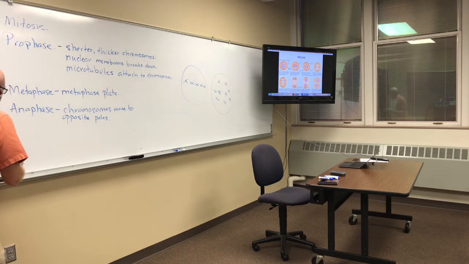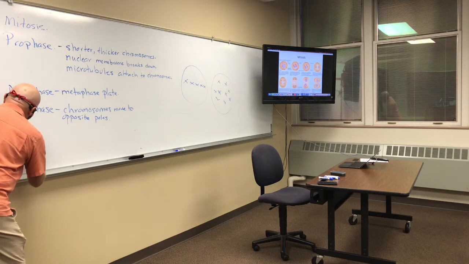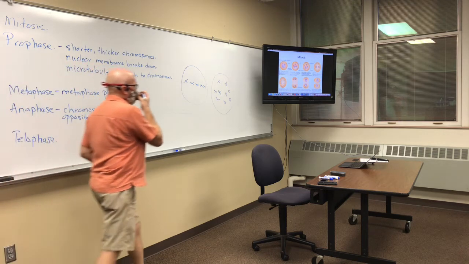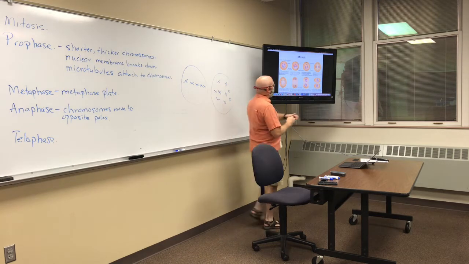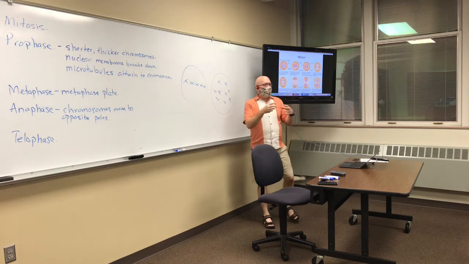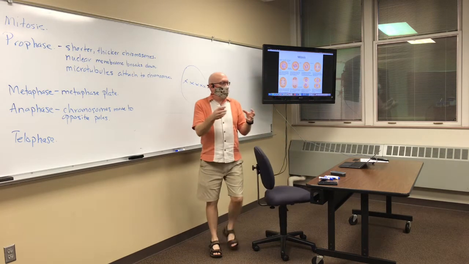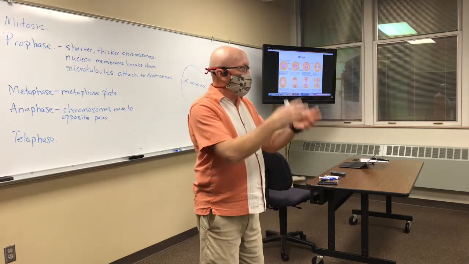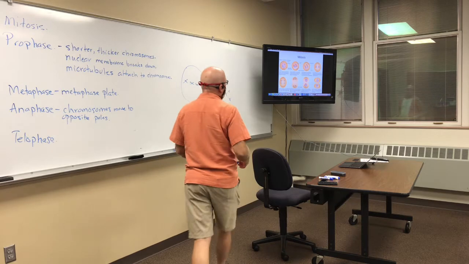And in telophase, the new daughter cells start to form a new nucleus. The chromosomes become less condensed, and they kind of go back to normal, and you end up with two new daughter cells.